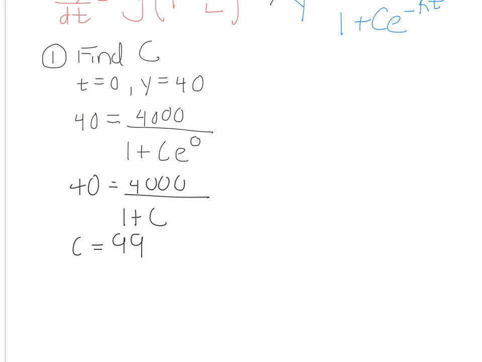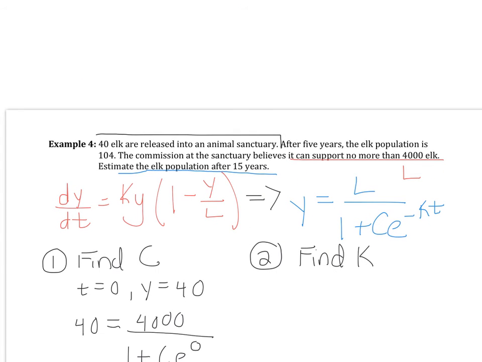The second thing that we will have to do is find k, right? C and k are parameters of the equation that we will need in order to be able to make predictions with that equation. So that's our next goal. We're going to find k, and we're probably going to do that using this second bit of information here: after 5 years, the elk population is at 104. That'll probably be helpful.